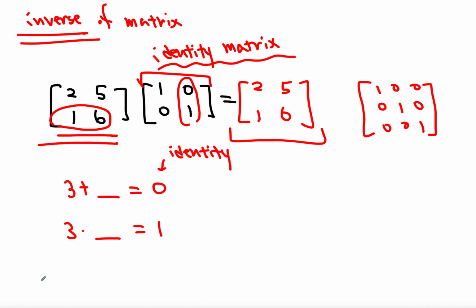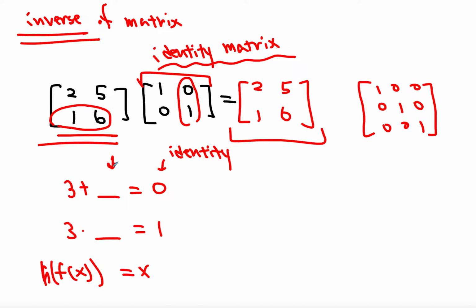And then what if I have a function f of x? I'm going to compose that with something else, h of x, but I have to get my identity function, which is equal to x. So all these things are different, but they're all identities.